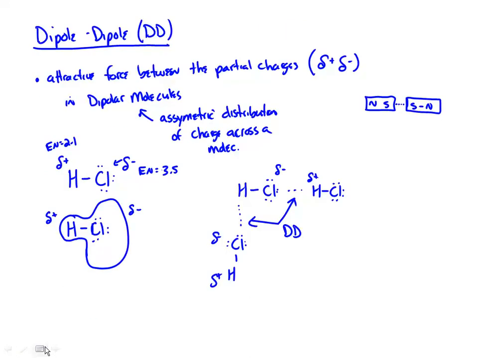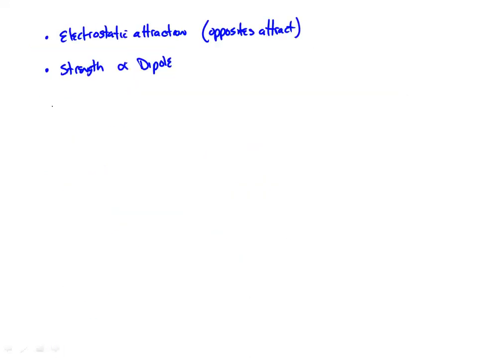It's one of those little additions to my notes. We said it's stronger than London dispersion forces. The average value for it is 3 to 4 kilojoules per mole, which is about 3 times a London dispersion force for small molecules.